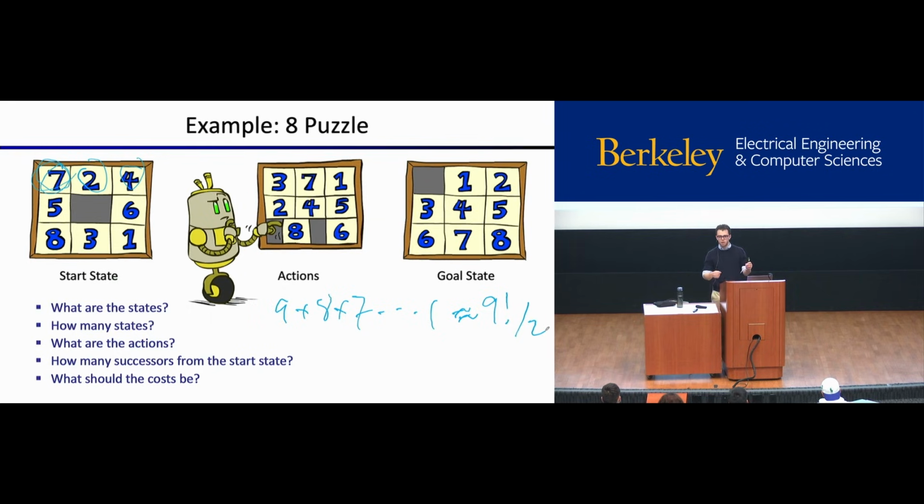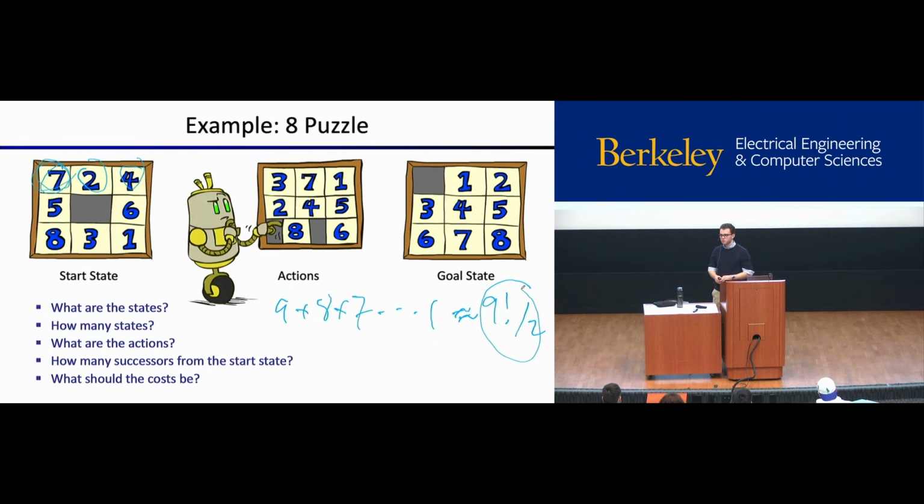There's certain configurations that you can actually get to and certain ones that you can't. But that's a lot of states. You could actually put this in memory, but if you had a 4x4 or a 5x5 or, God forbid, a 6x6, this would be just so many that you wouldn't even be able to fit them in memory.